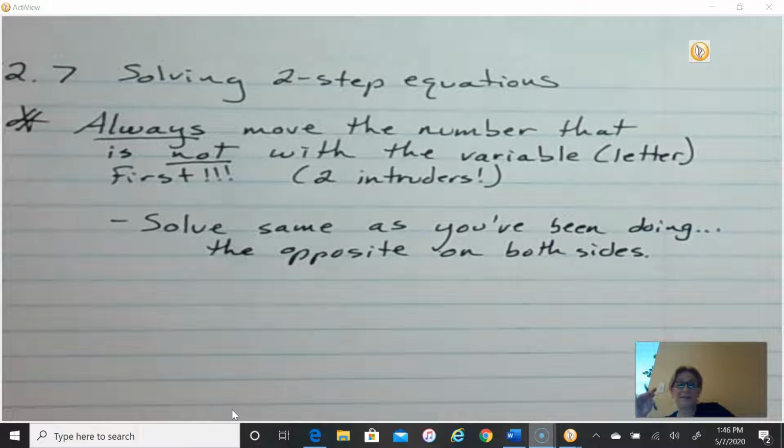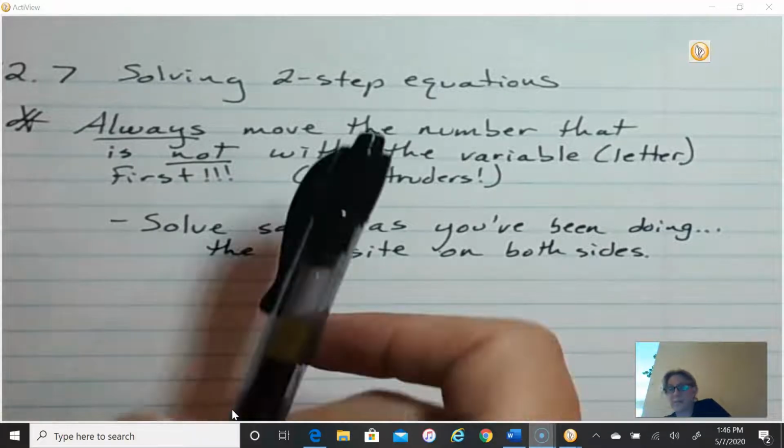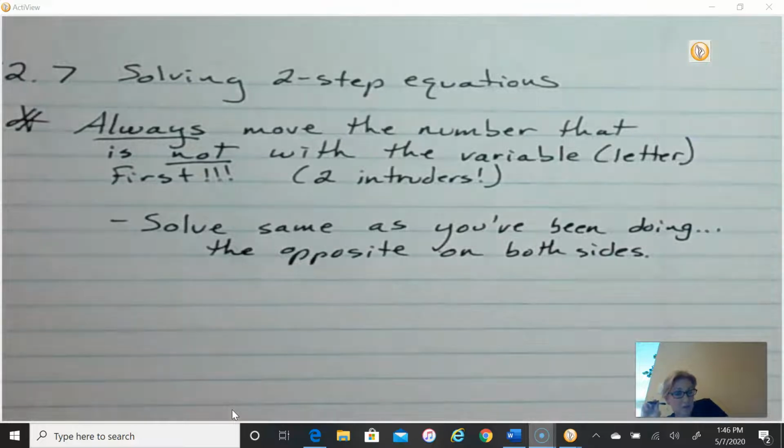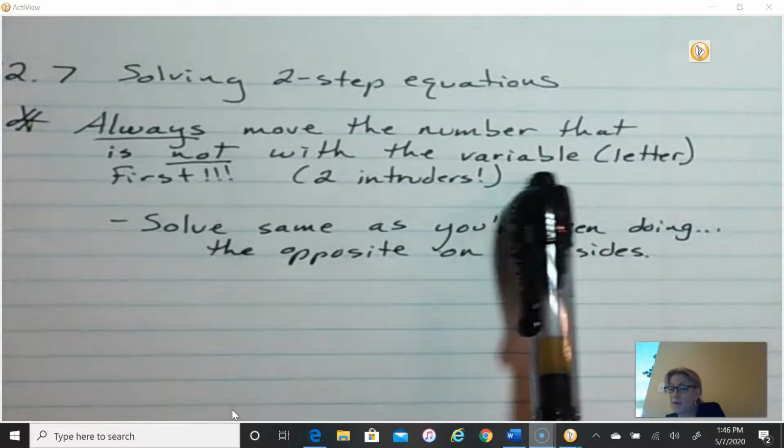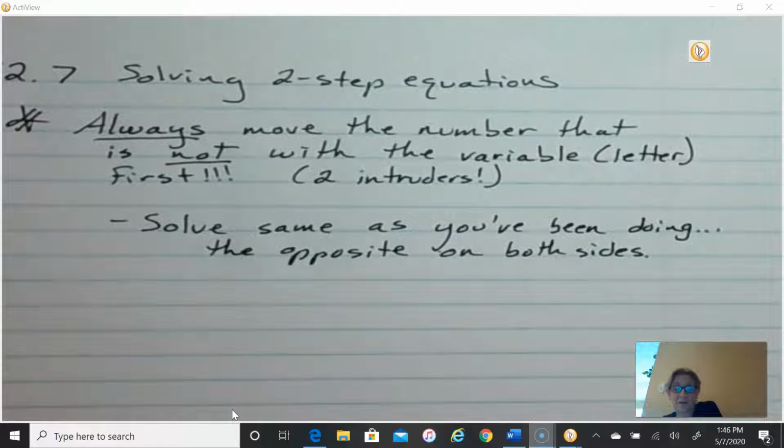We're going to be doing the exact same thing that we've been doing, but we have just one extra step because these are, in fact, two-step equations. When I show you the first example, you're going to wonder which one to do first. You're going to do the one that is not with the letter first. You're going to end up having two intruders this time.